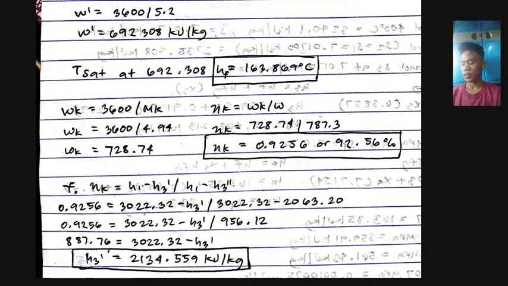So 0.9256 equals 3022.32 minus H sub 3 over 3022.32 minus 2063.20. By calculating it, H sub 3 equals 2134.599 kilojoules per kilogram. So that's it.